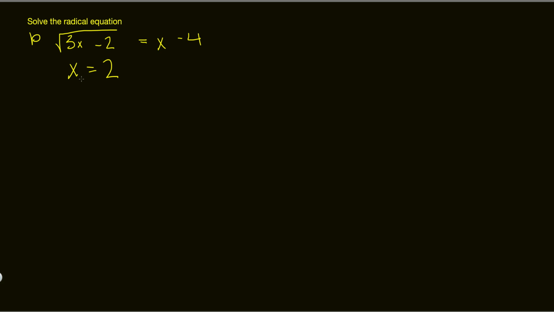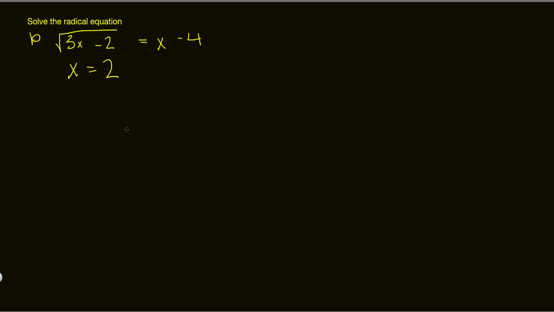When we solved this, we did find 2 was a solution, but when we substituted it back in, we found that it cannot actually be the solution. This is what they're getting at.